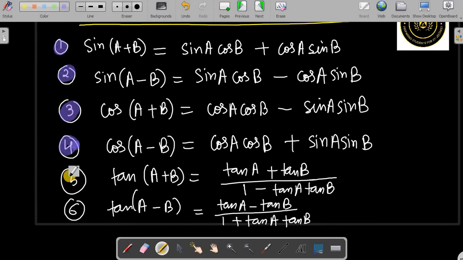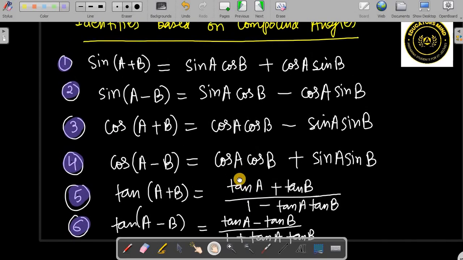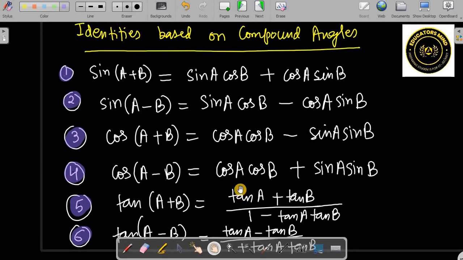So you see 3 plus 3, 6 formulas are there. Still there are more, and some important cases that we will also discuss.